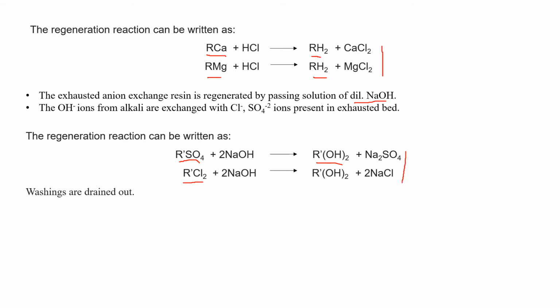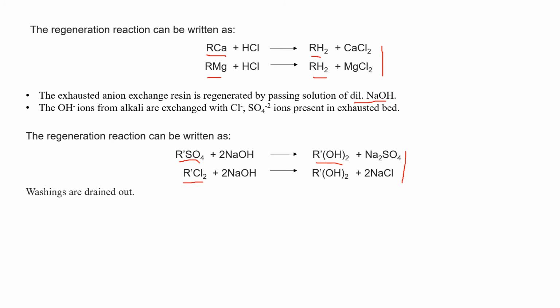So this is all about our demineralization method, where we are using two types of resin, cation exchange resin and anion exchanger resin. In cation exchanger resin, we have loosely bound H plus, while in anion exchanger resin, we have loosely bound OH minus ion.